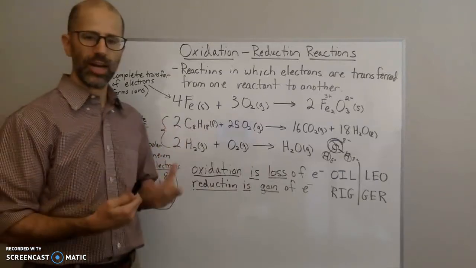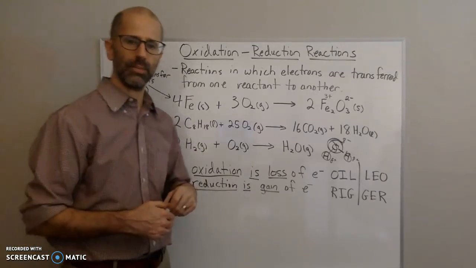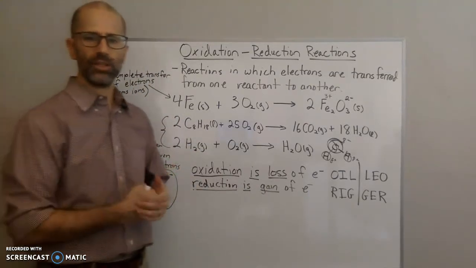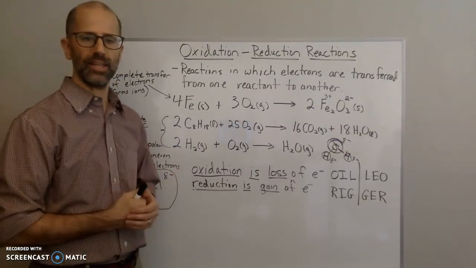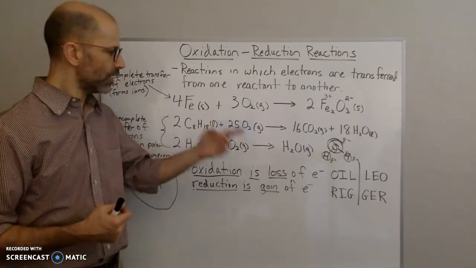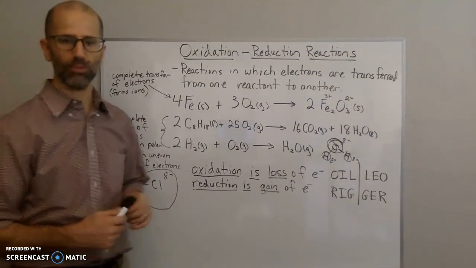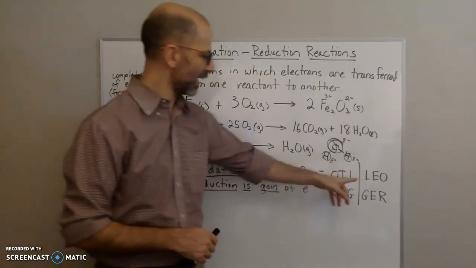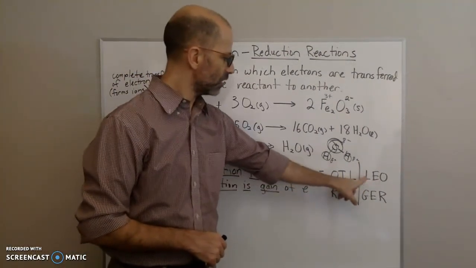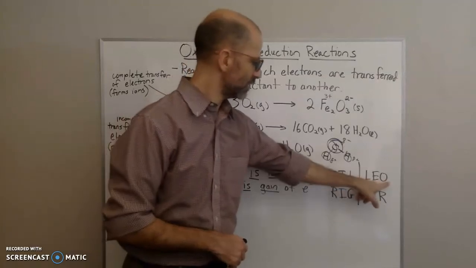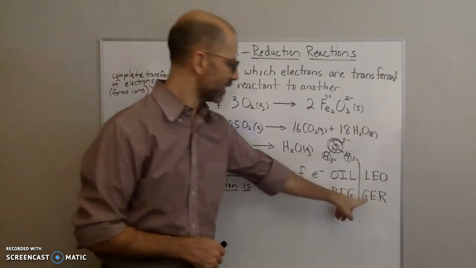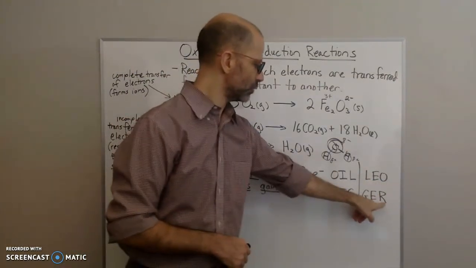When I started out as a freshman in college and I was taking my first semester chemistry class, I had a TA that used LEO goes GER. So LEO the lion goes GER, same idea. Loss of electrons is oxidation, gain of electrons is reduction.